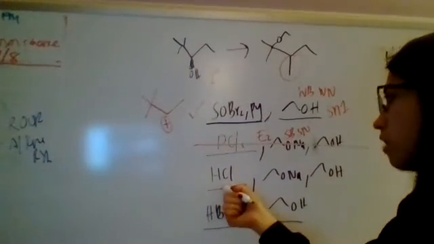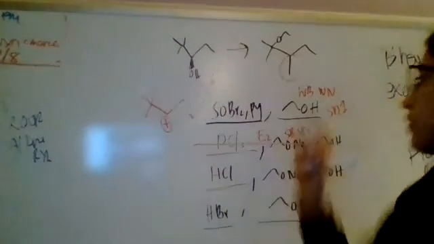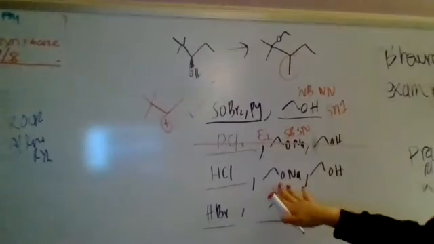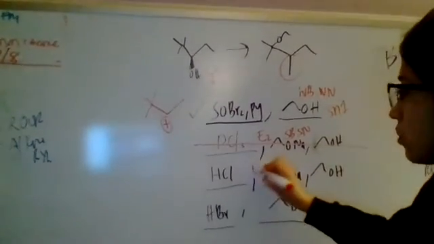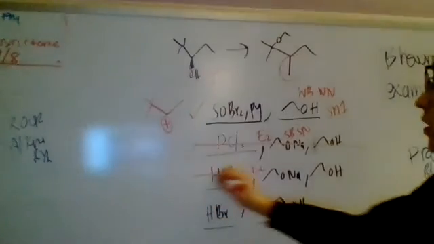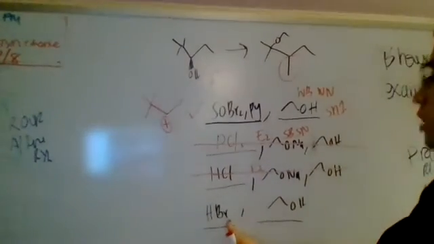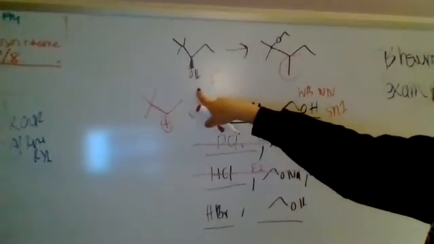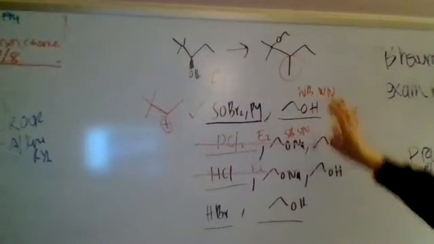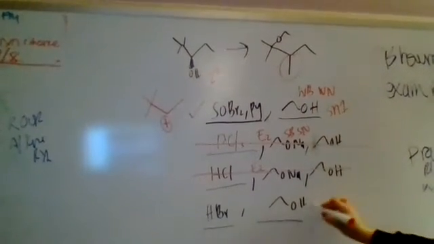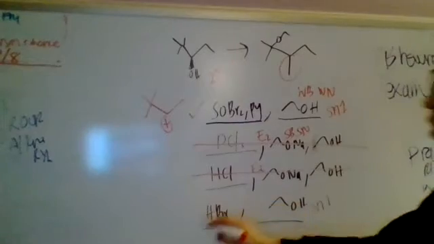The HCl makes that into a good leaving group, but then again, you have a strong base, strong nucleophile, and a protic solvent, so that's going to be an E2 reaction. That's not going to work. And then HBr makes that into a good leaving group. That leaves. You get a secondary and a weak base, weak nucleophile. There's no heat, so this one would be SN1. So this one could work.